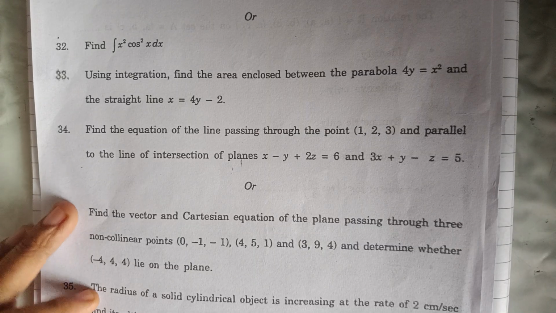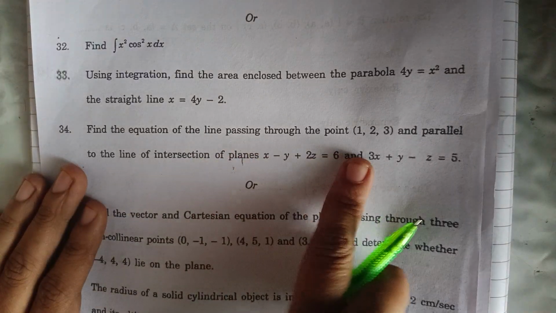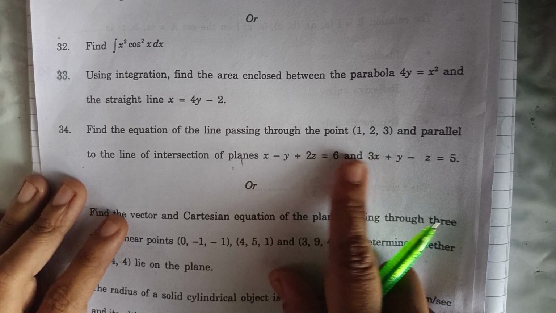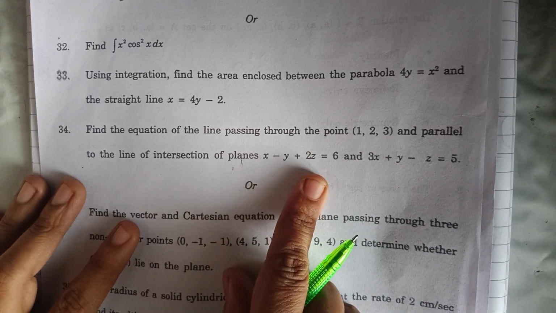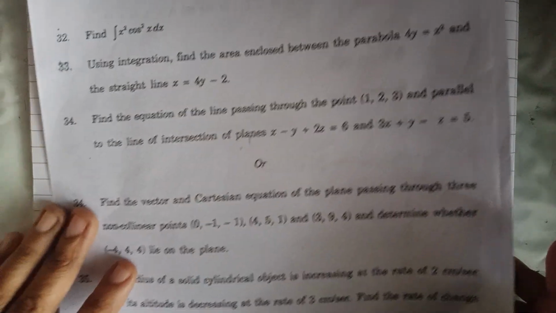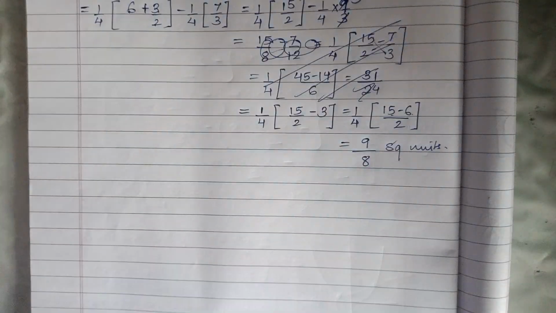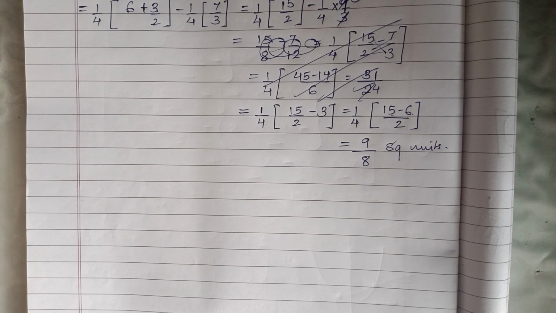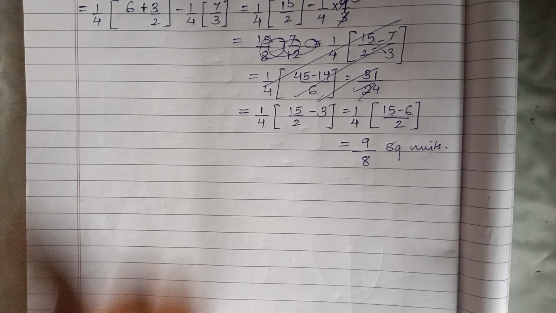Next question. Find the equation of the line passing through the point 1, 2, 3 and parallel to the line of intersection of planes. Okay, the equation of planes is given. So we have the equation of the line which is passing through the point. How do we write the equation of the line when it is passing through a point?